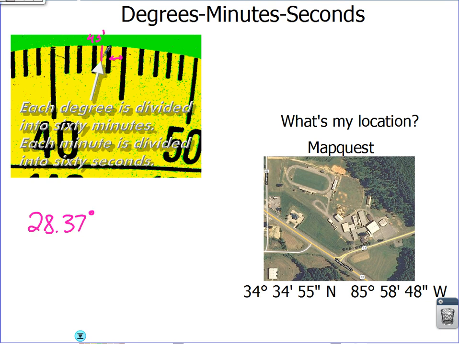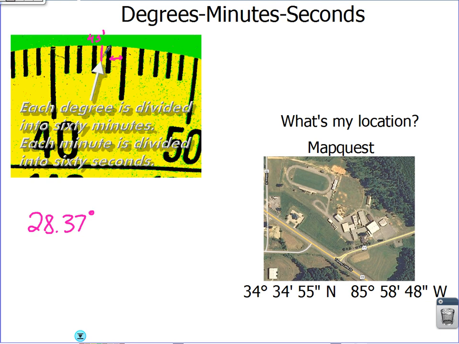Or you can think of it as a fine-tuning knob. One knob tunes to this many degrees, and then I want to fine-tune a little beyond 50 degrees. I've got this minute knob, and that minute knob fine-tunes it between 50 and 51 degrees. Then you've got this second knob that fine-tunes it beyond that, a little bit more precise. And that's what degrees, minutes, seconds are. Y'all recognize that picture?